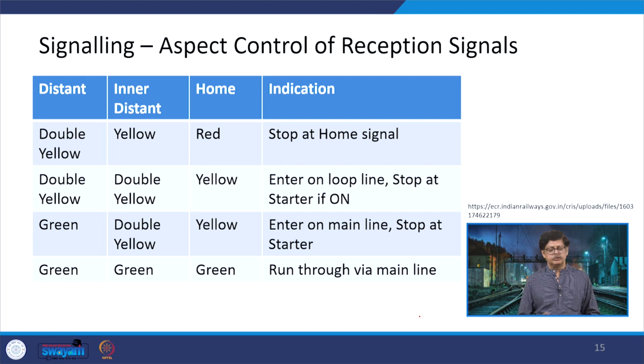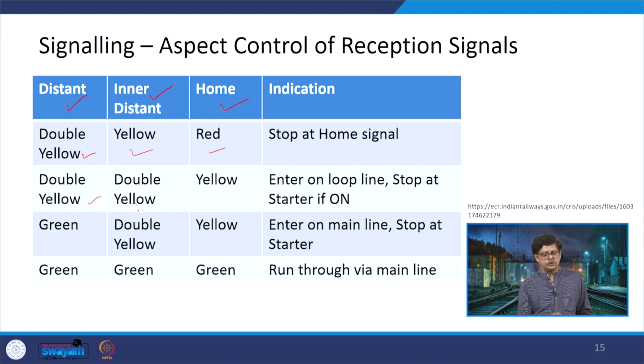Here a combination of distant signals and inner distant signals along with the home signal is being talked about. That means the adequate distance between the home and the distant signal probably was not there, and that is where there was a requirement of providing more distant signals. When this happens, there are different combinations of colors being depicted. Double yellow, yellow and red says it is a stop at the home signal.